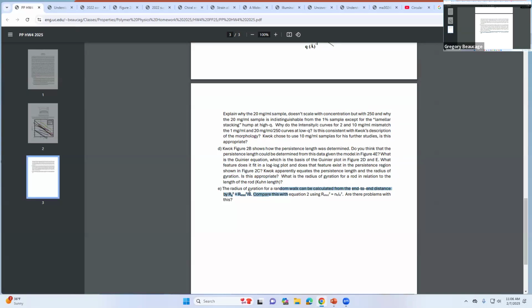It should be random walk, blah, blah, blah. So yeah, he's loosey-goosey with the sizes. The size of the coil isn't the radius of gyration. It's the square root of 6 times the radius of gyration. Then the size of the tube isn't the radius of gyration, it's the radius of gyration divided by the square root of 12.